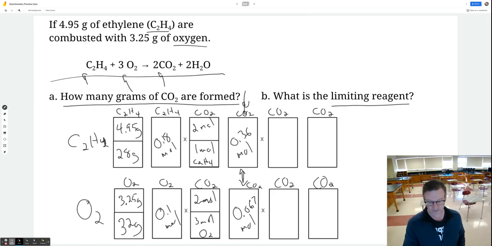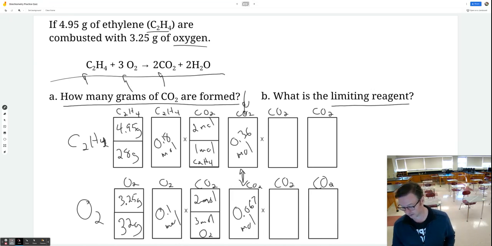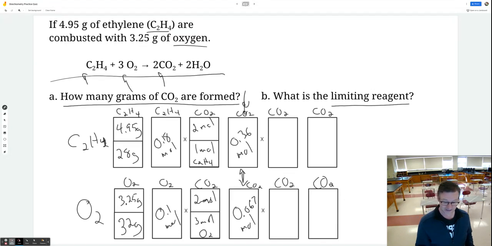Now we have CO2 expressed in moles, which are always comparable, for both equations. Starting with 4.95 grams of C2H4, we should get 0.36 moles of CO2. Starting with 3.25 grams of oxygen, we would get less than that, 0.067 moles of CO2.